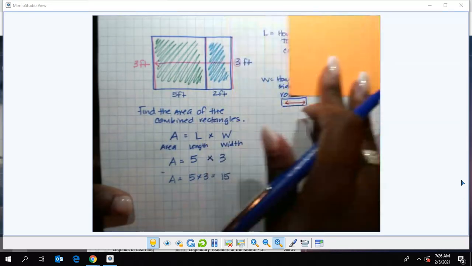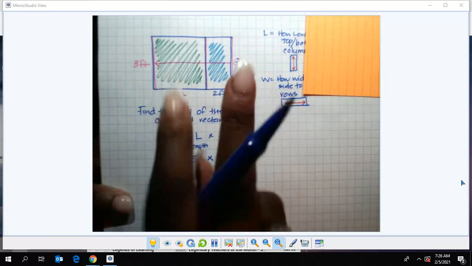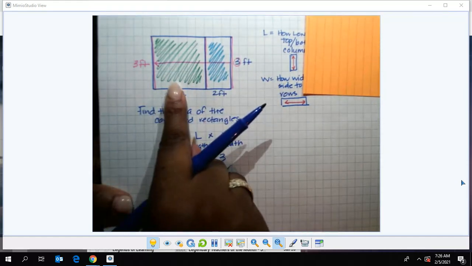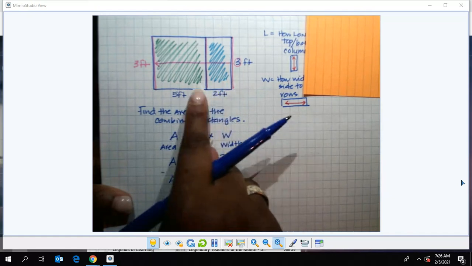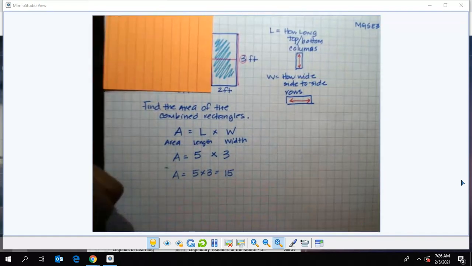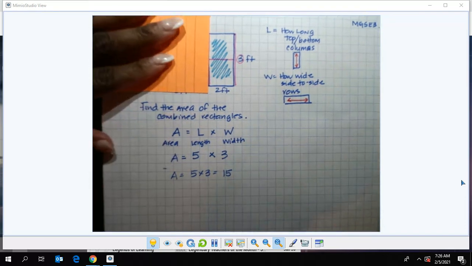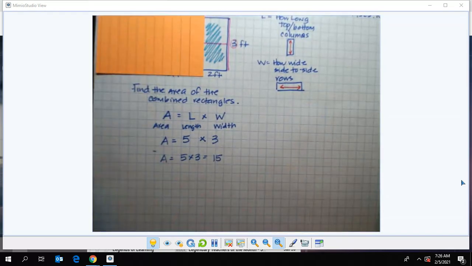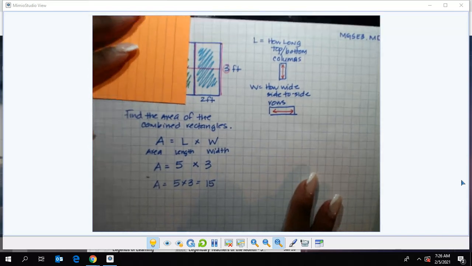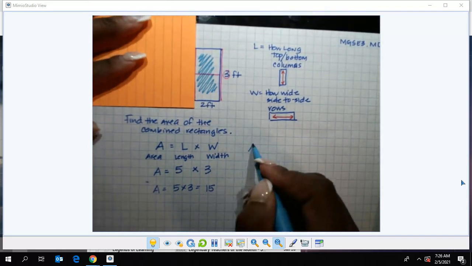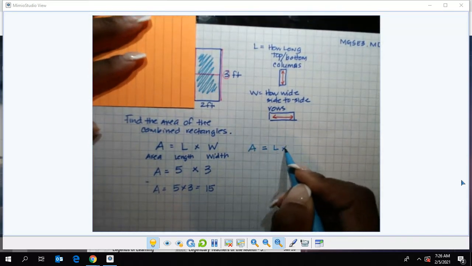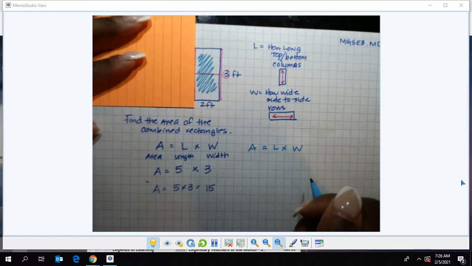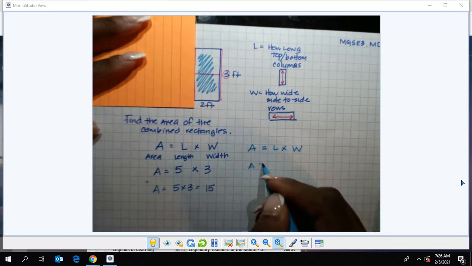Because combining the two rectangles is 2 steps, really 3. You find the area of one rectangle, the area of the second, then you add them together. Let's do our blue rectangle. Same process, and we can even write these next to each other. Area equals length times width. Do we have a length?